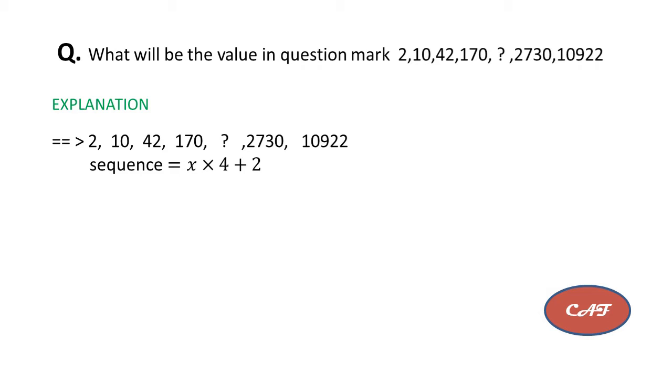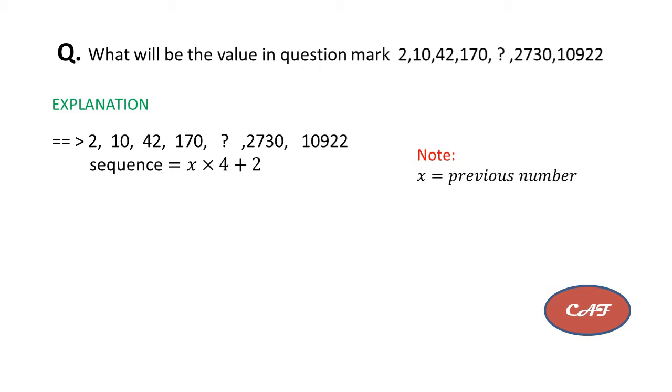So here the sequence is x into 4 plus 2. Whenever the next term goes up by a very high number, definitely there is a multiplication in it. We have to understand it like that. X is my previous number.